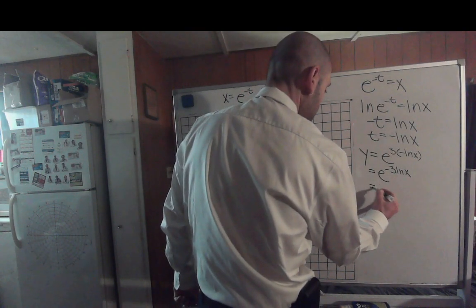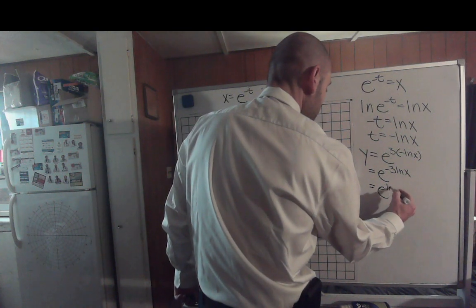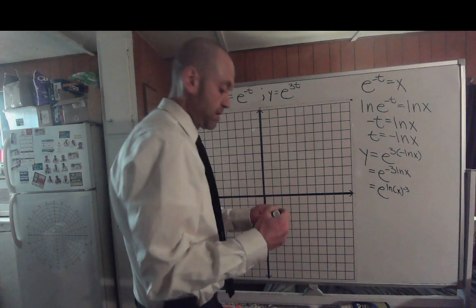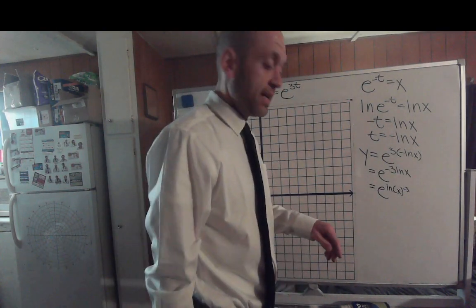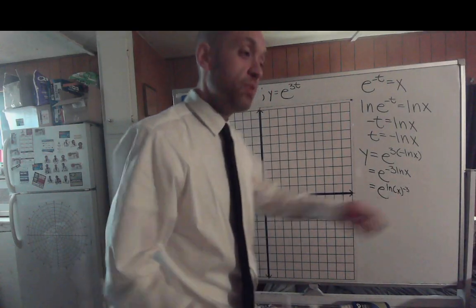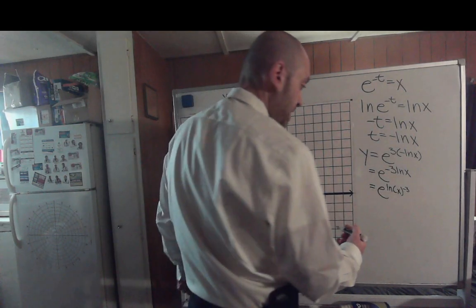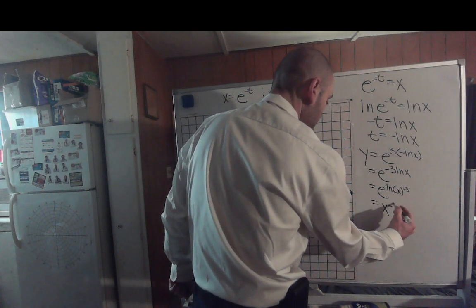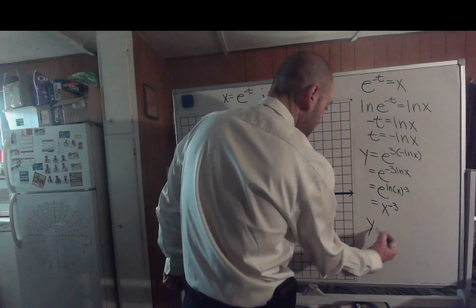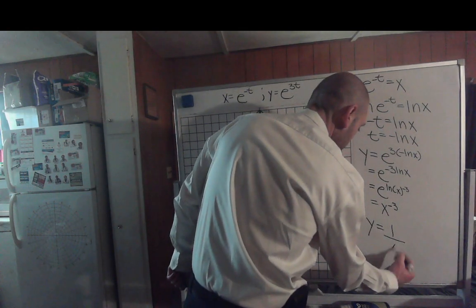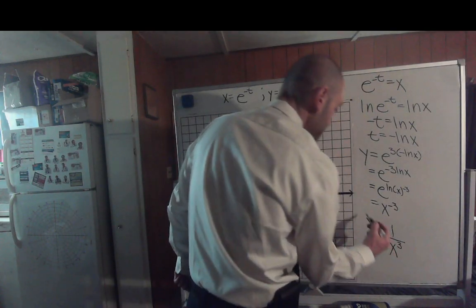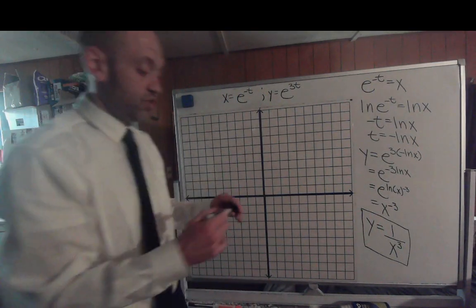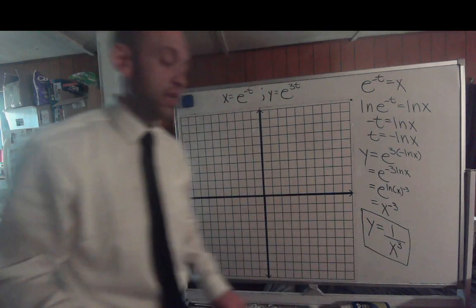So this would be e to the natural log of x to the negative 3rd power. The reason I did that is because now we have e to a natural log. Your e and your natural log will cancel out. You'll just be left with x to the negative 3rd, which means y is going to equal 1 over x to the 3rd power.